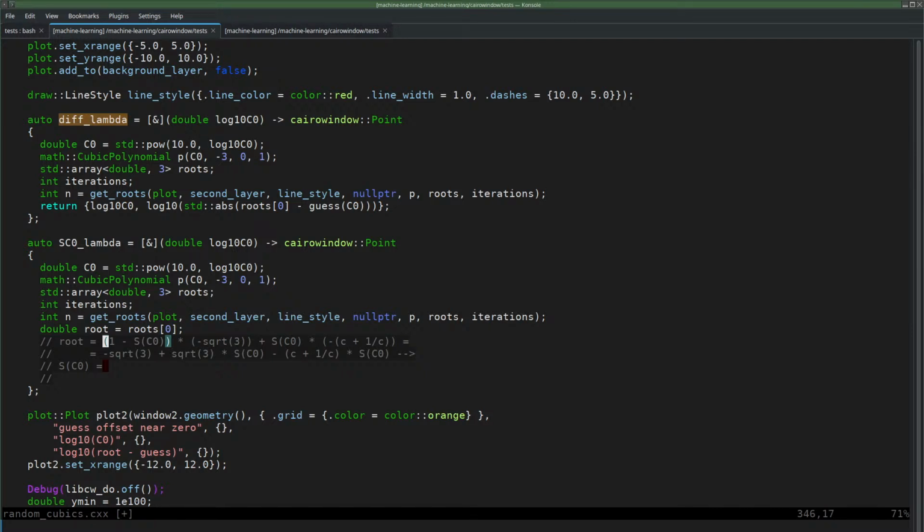Let's see, did I do that correctly? 1 times that is that. Minus drops out. Square root of 3 times the S of that. We have minus that times that. Yes, so I can combine these two. Times S C0.